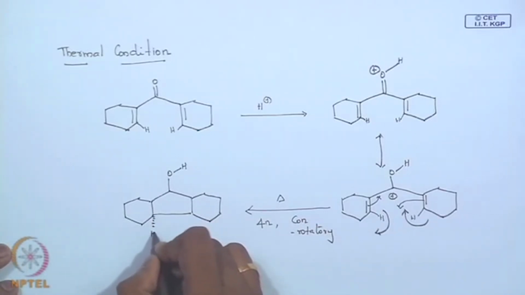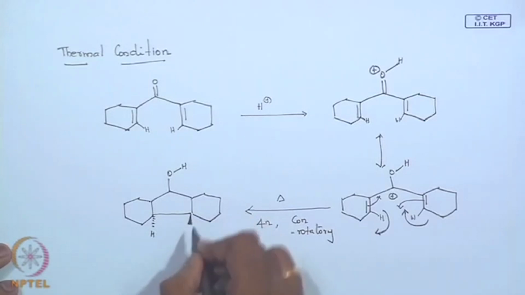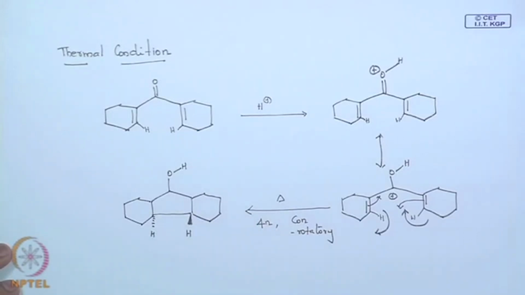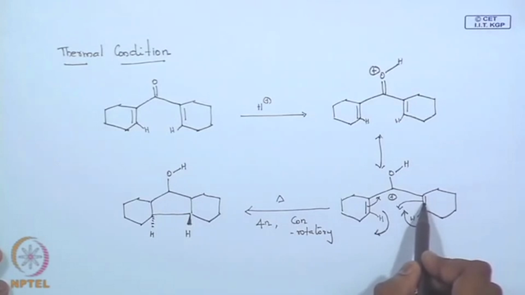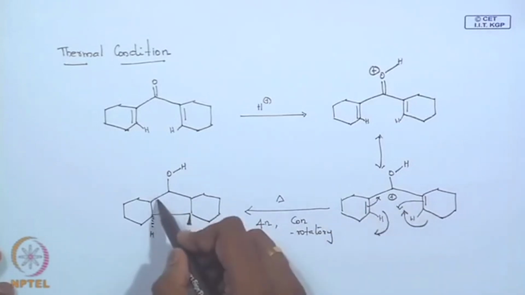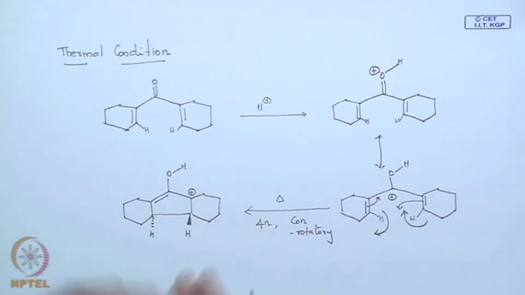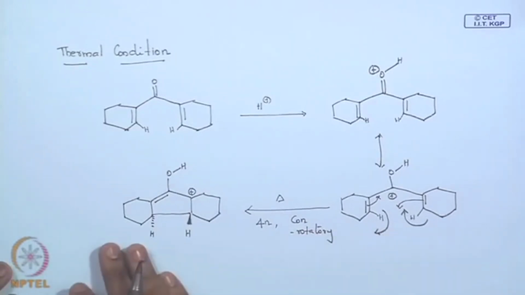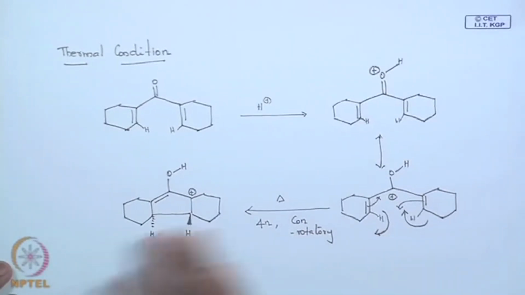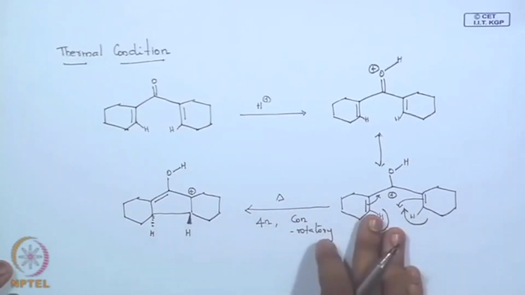So, I get two different things for conrotation, clear. Now, we will see our bonds. I have a double bond here and a positive charge here. So, this is after your rotation, this is your electrocyclic ring closure. This is the important one which decides your stereochemistry.